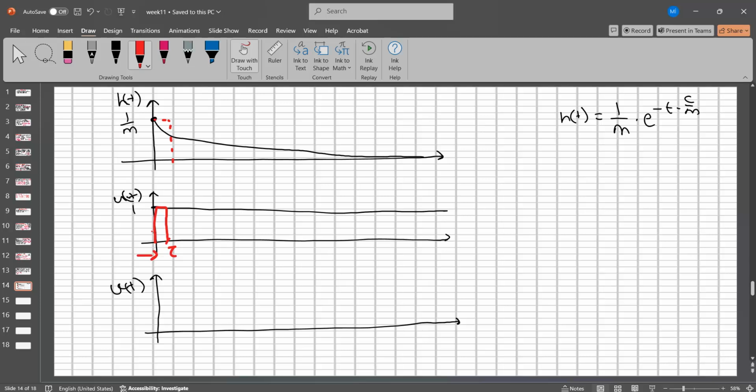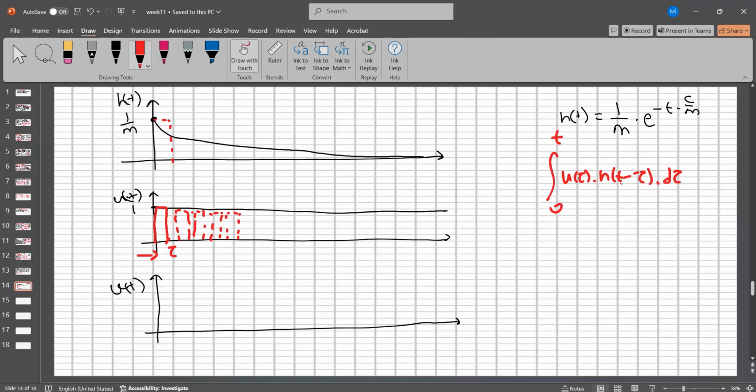Just move this rectangle area to the right direction, from 0 to t, right?